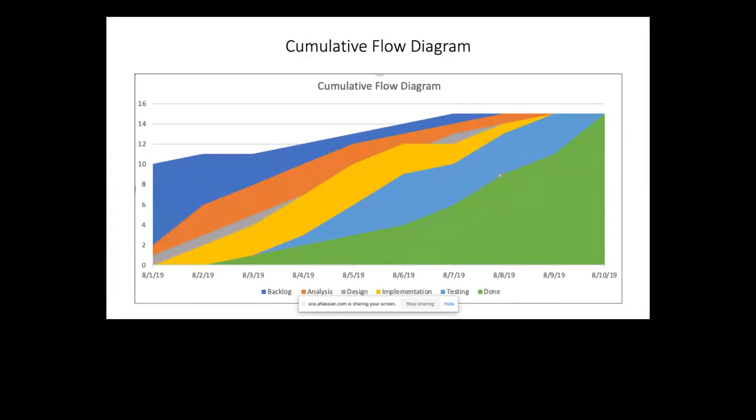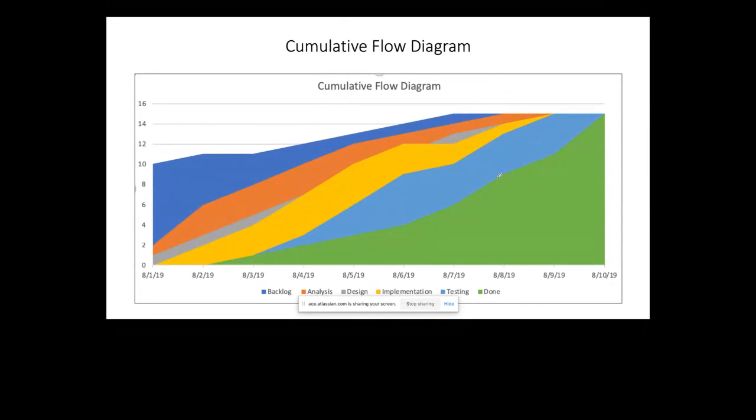I'll show what I have, but it's not a proper thing, simply because I don't have multiple people working, and I haven't simulated the tasks getting done day by day. I haven't moved tickets over the last week or so. So I'm just showing an example over here.